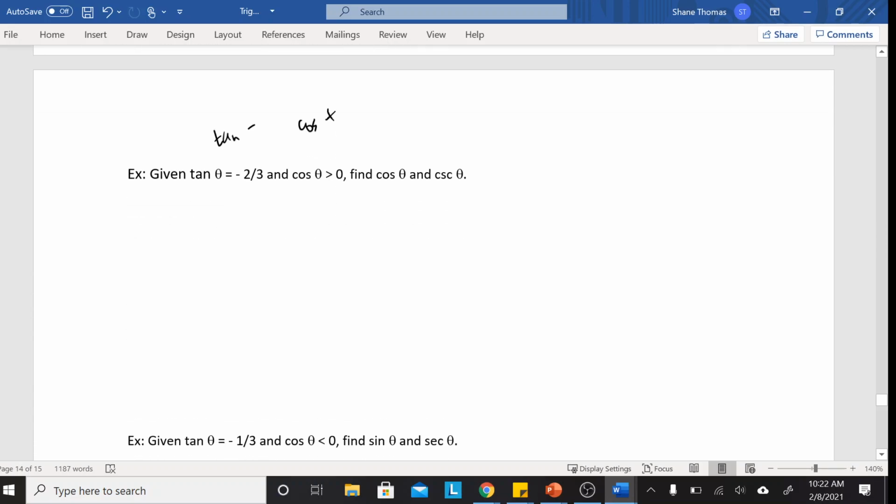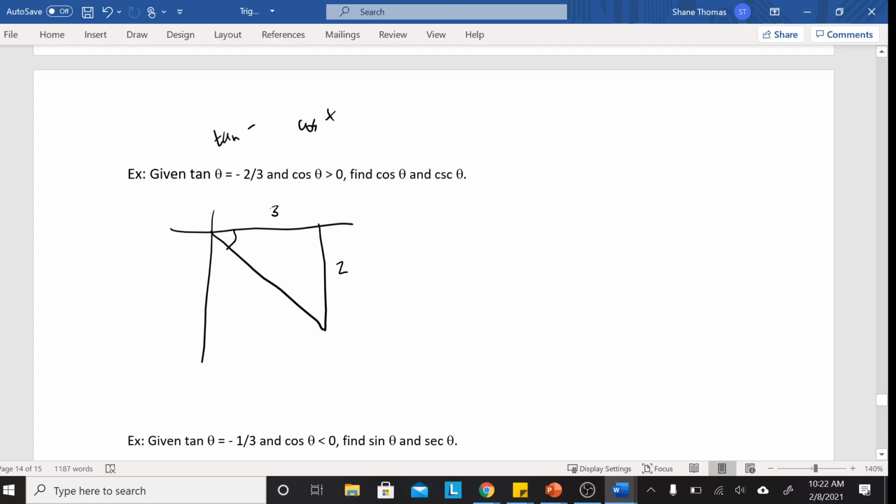So now I'm going to draw my triangle. I'm going to be in quadrant 4. Tangent is my opposite over adjacent, or y over x. Looking at this, this would be 3, this would be 2.